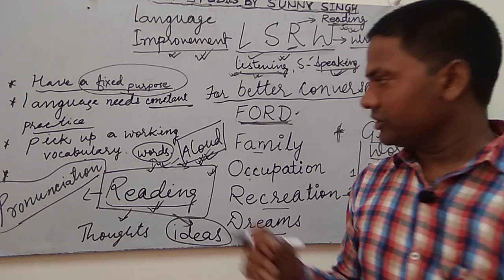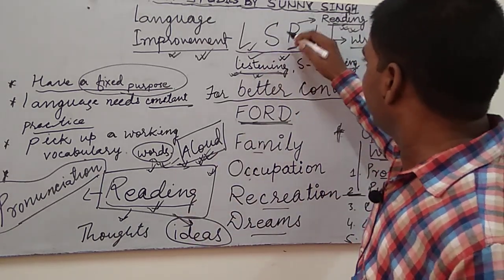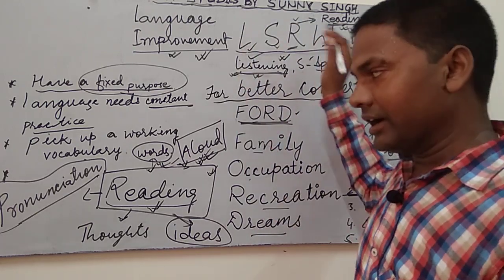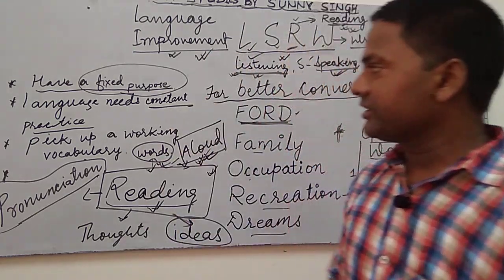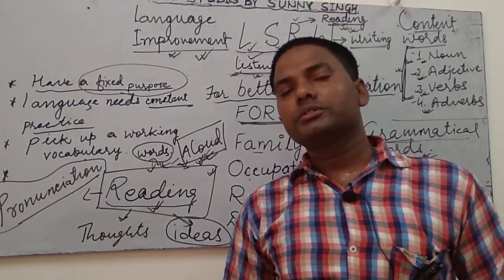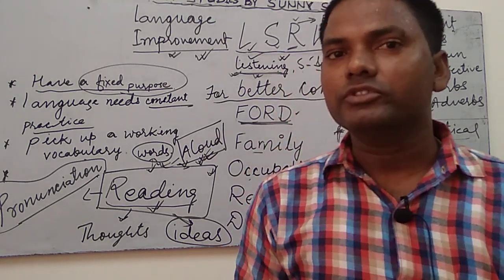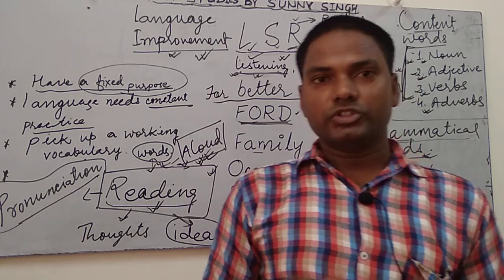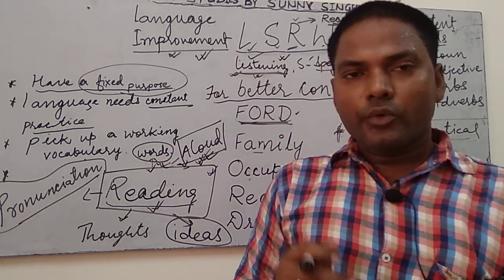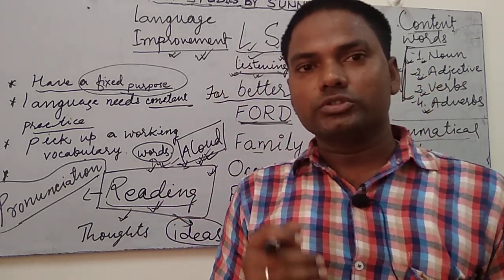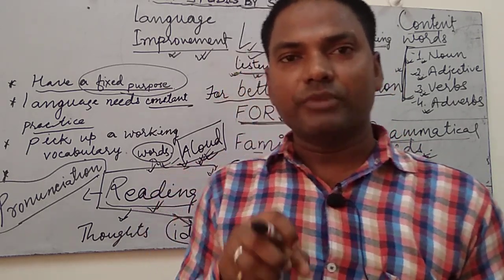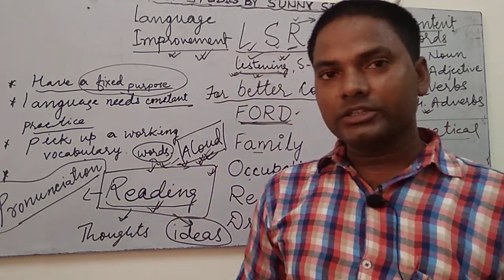Start practicing each of L, S, R and W, LSRW. Start getting them practiced. Pick up the working vocabularies first. Working vocabularies means active vocabularies. Pick up the words which are regularly used or which are useful for you in your daily life. Pick them up first and then start.